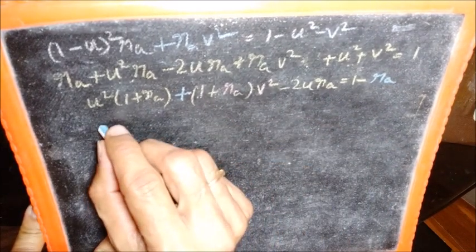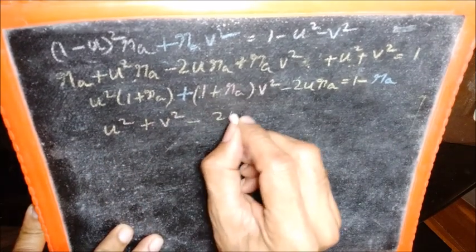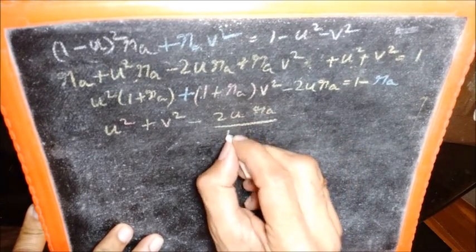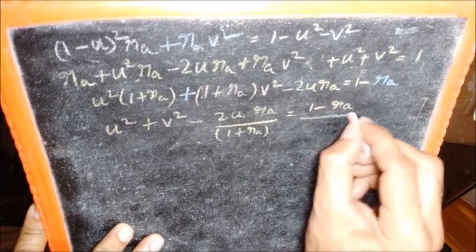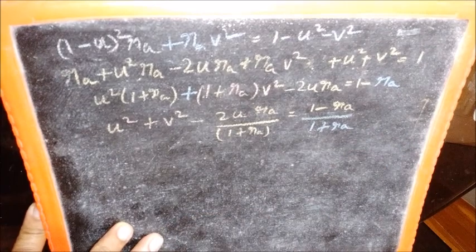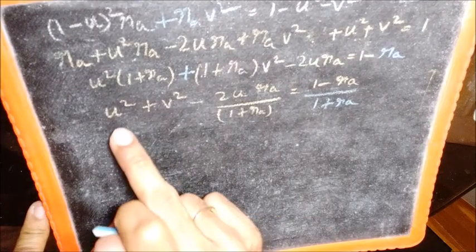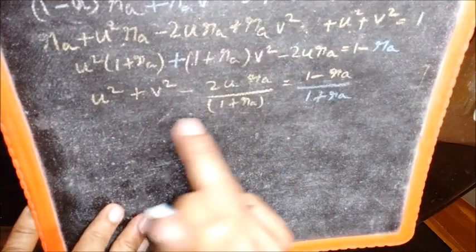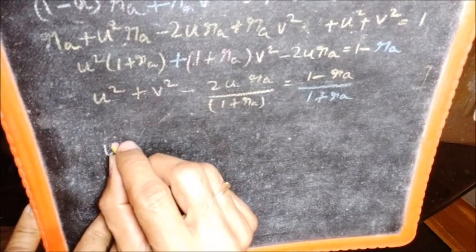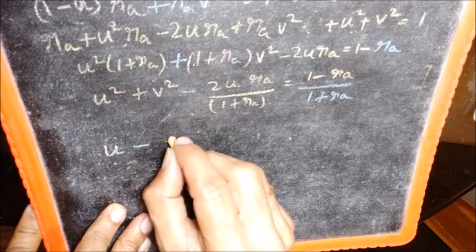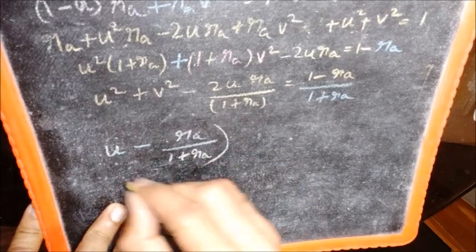And this means that we have u square plus v square minus 2u RA by 1 plus RA is equal to 1 minus RA divided by 1 plus RA. Simply divide both sides with 1 plus RA to get this. Now you can use the method of completing the squares and write this as u minus RA divided by 1 plus RA whole square.